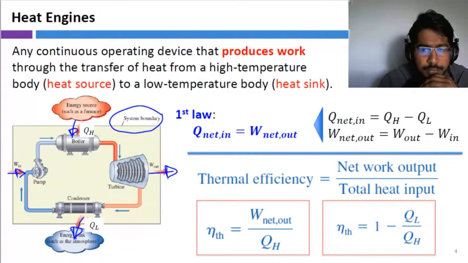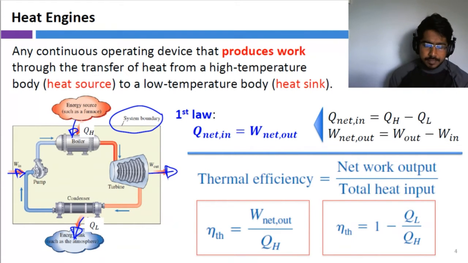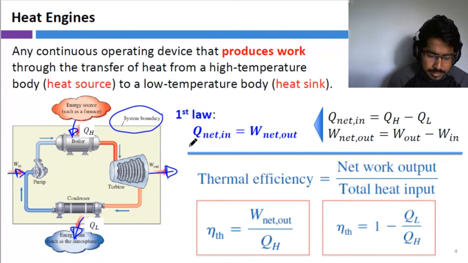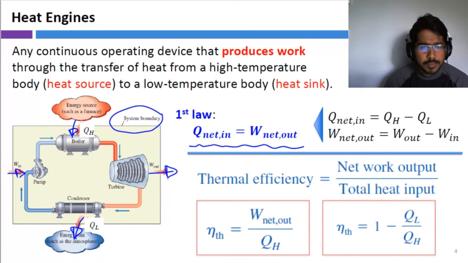Now if we apply our first law equation, you can see the system is very small, so you can assume that the potential energy difference of the substance is not significant, and also the kinetic energy level is not significant. And as it is a cyclic process, the substance returns to its original state once it goes through a cycle. Assuming steady state conditions, you can come to this point.